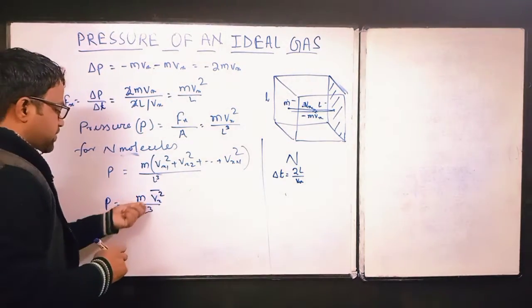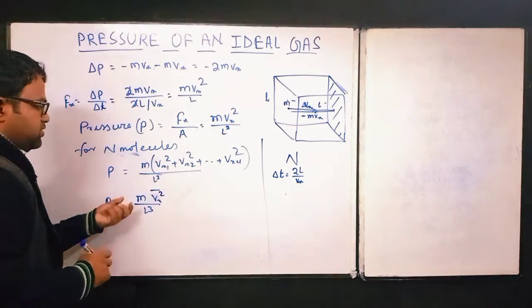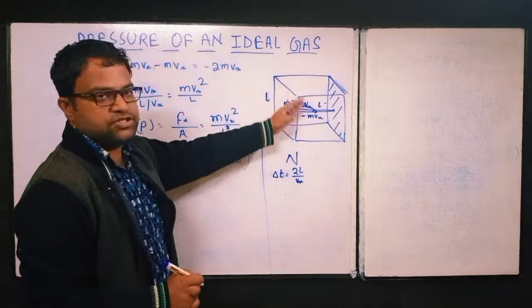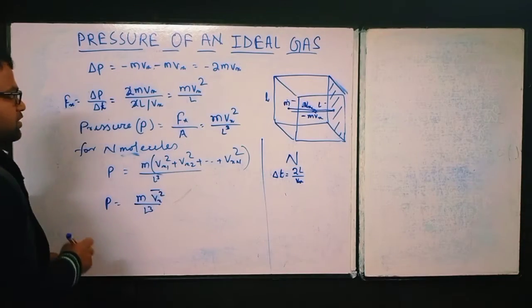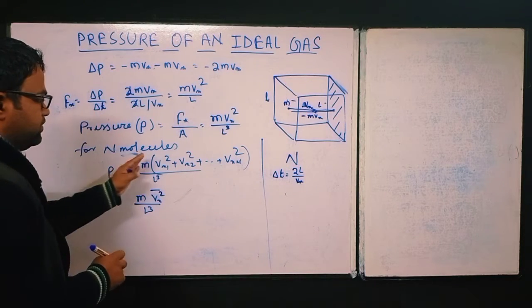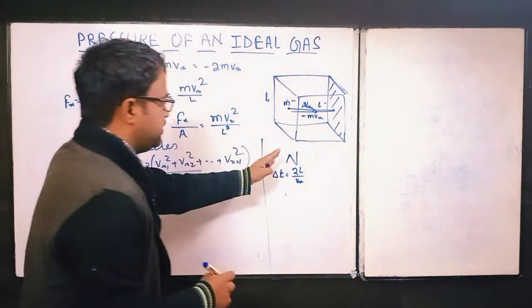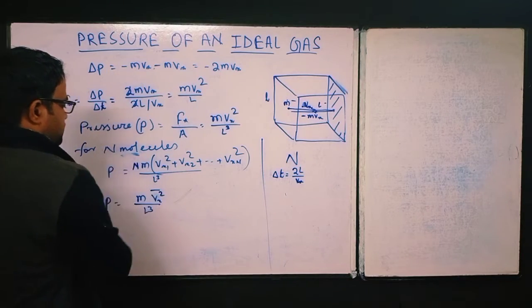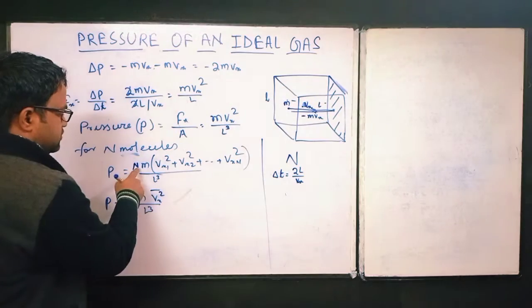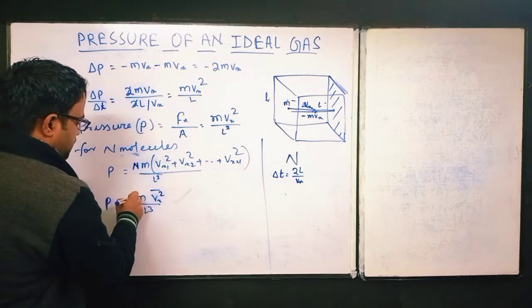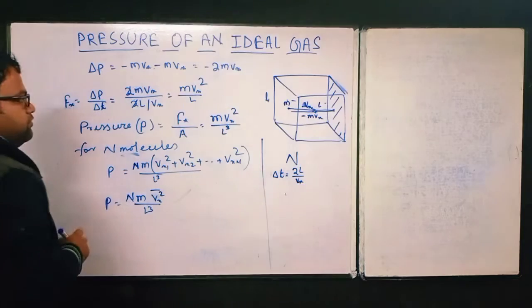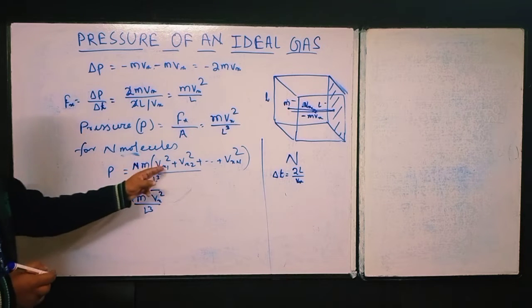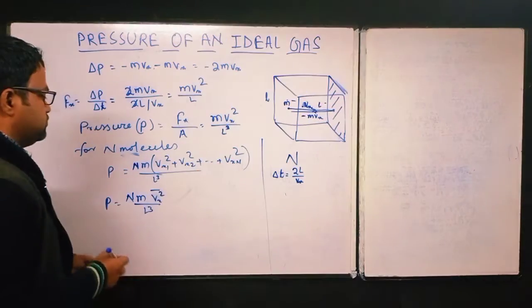So this is the average velocity of n molecules, each one having velocity vx1, vx2 like that.